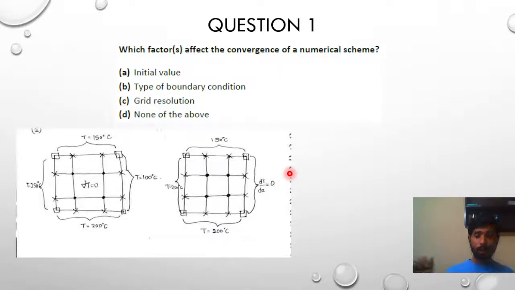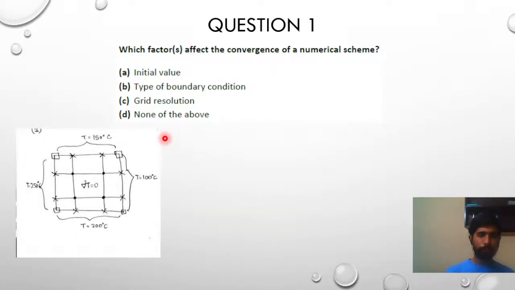What about the initial value? I will give you two different situations for this first problem which I have discussed here. We have constant temperature at all the boundaries. Now I have to solve this Laplace equation, del square T equal to 0.